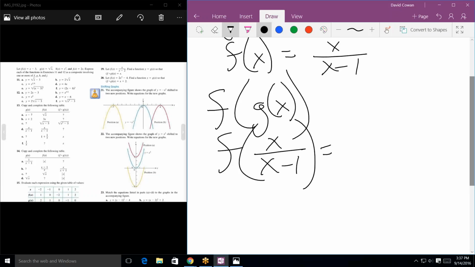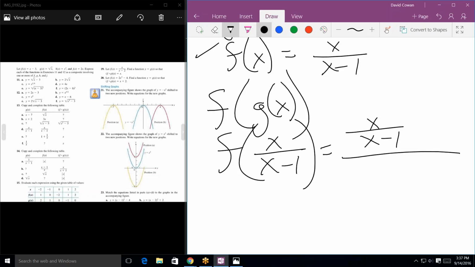Remember, you take whatever's in the parentheses and you plug it in for x into the f function. Well, there's the f function. So x over x minus 1 over x minus 1 minus 1.